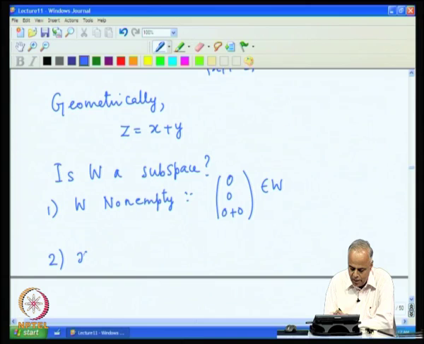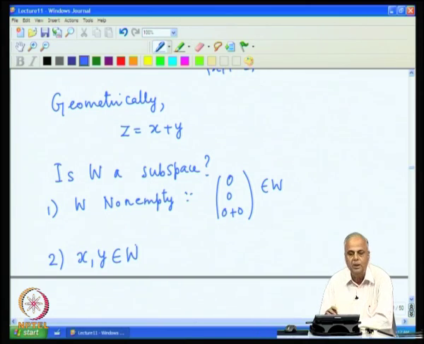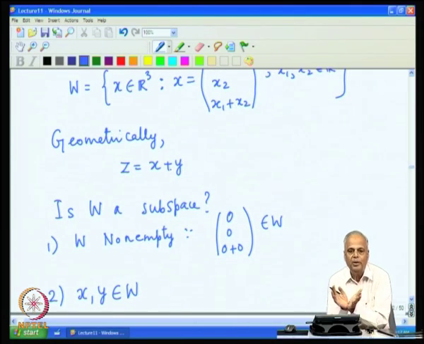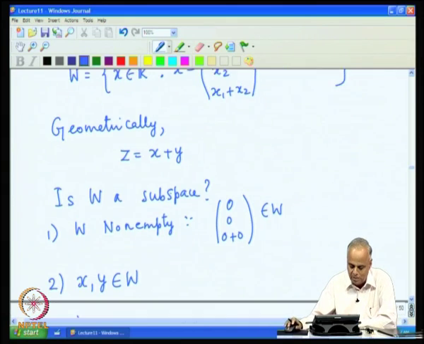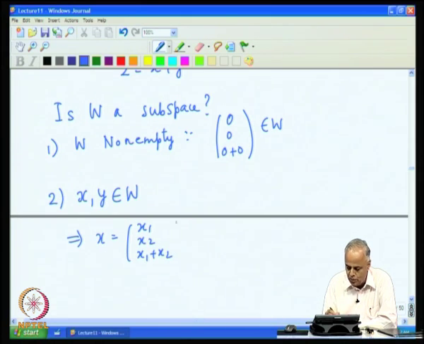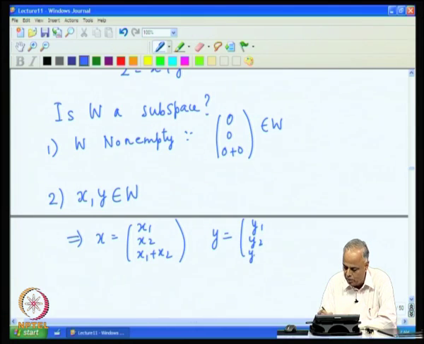Next, if you take two vectors in W, we have to verify that it is closed under addition. Geometrically, these two vectors are in this plane, and if we take two vectors in the plane, their sum is also in the plane. That is what we verify algebraically. x must be of the form (x1, x2, x1 plus x2), y must be of the form (y1, y2, y1 plus y2), and all these xi's and yi's are real numbers.